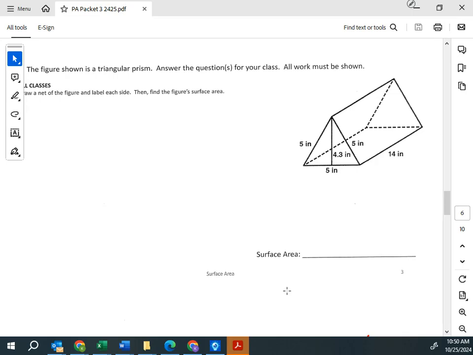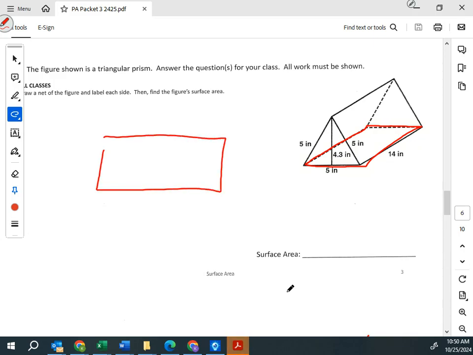So we know that that base is one big rectangle. So I start with one big rectangle. And then I have one side up here and one side over there that are also big rectangles. So I've got 3 rectangles. I fold them up and it makes that triangle.